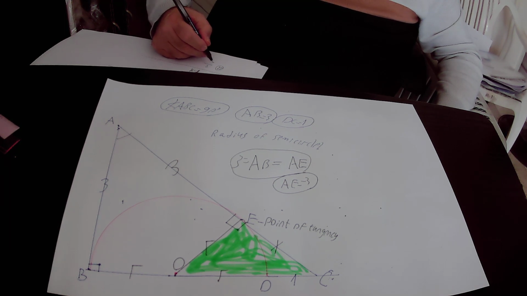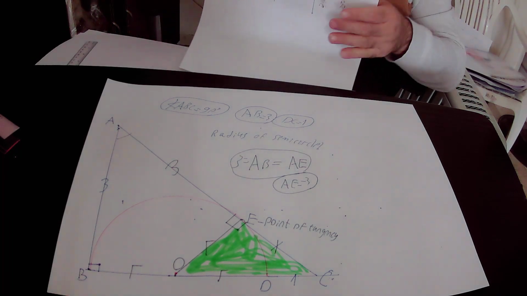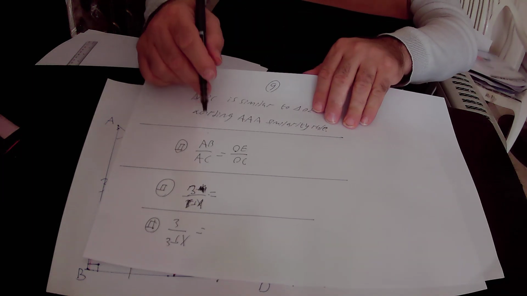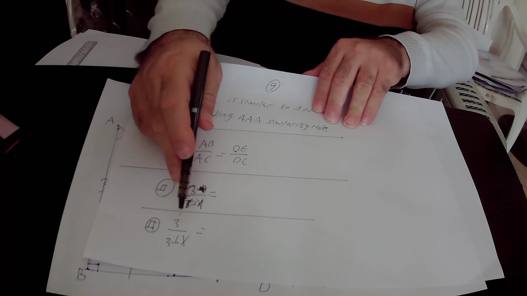And AC equals 3 plus X. I will repeat again: AB equals 3 units and AC equals 3 plus X.